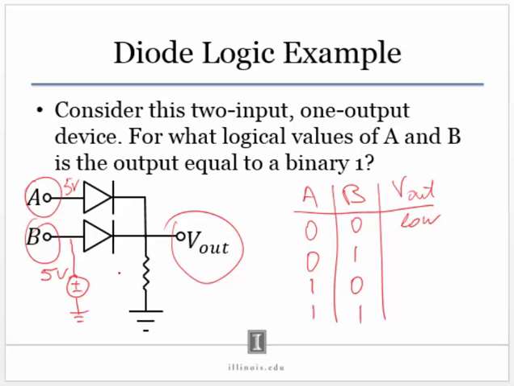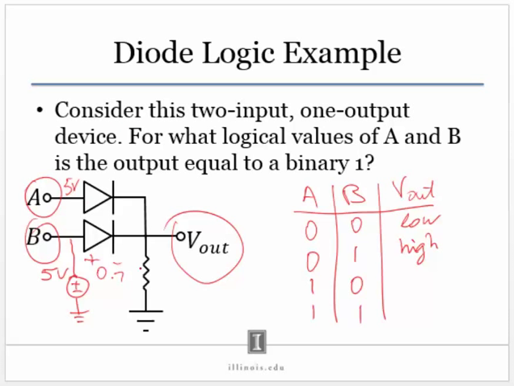So let's say we're turning on B. This means that this diode is going to be conducting. It's going to have a 0.7 volt drop across it, and V out is going to be reduced from 5 volts, but it's still going to be high. It's just going to be 0.7 volts below high, maybe 4.3 volts, but it's still our logic 1.